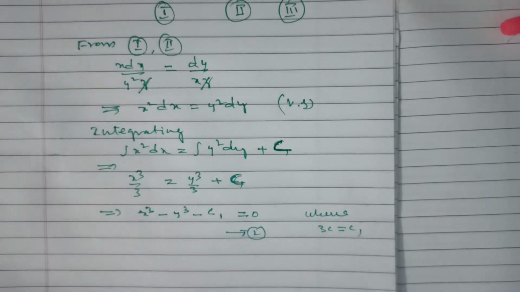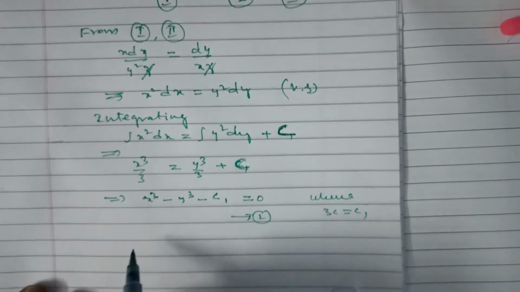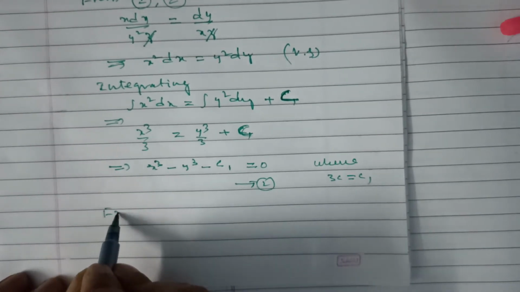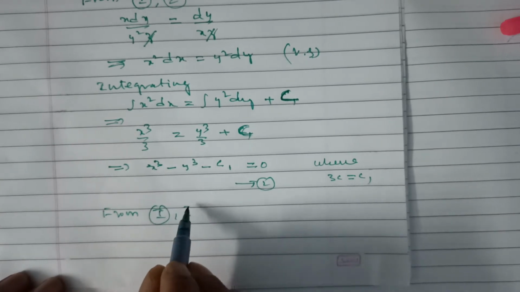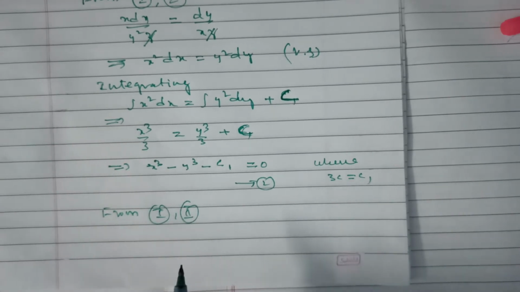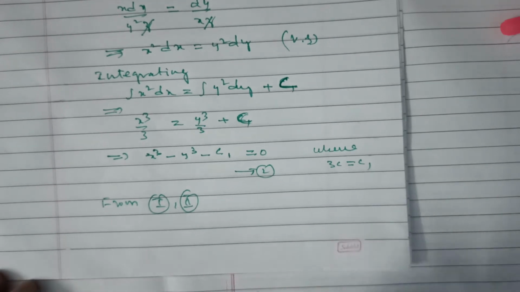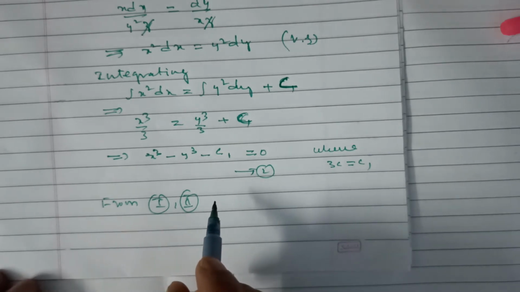From 1, 3, from Roman 1, Roman 3, any two sets of solutions are integrable. The solutions of the pair of equations is the complete solution of the given system.